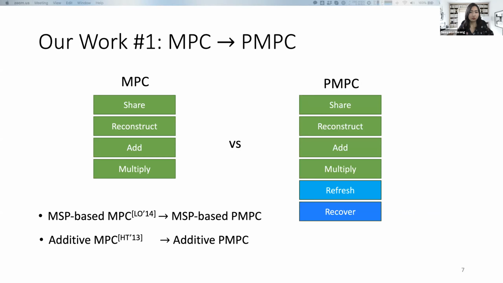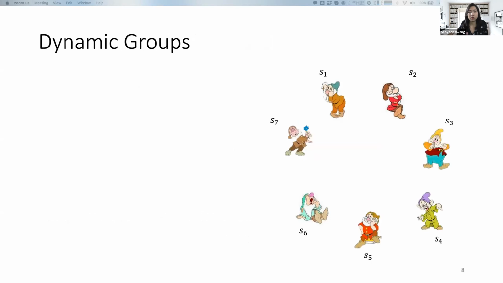Note that both are secret-sharing-based MPC, where one is based on the monotone span program and the other on additive secret sharing. As a second contribution, we consider dynamic groups. In dynamic groups, participating parties can leave or newly join at any time.